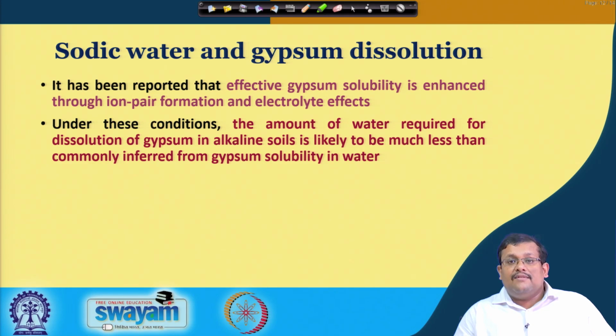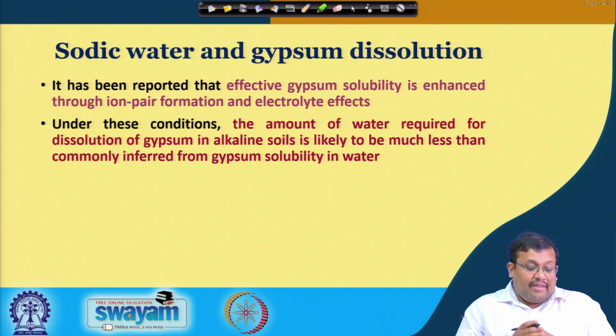I hope that you have learned something new in this lecture. The next lecture will discuss more about ion pair effects, what is an ion pair, and other aspects of pollutant and soil solution interactions.